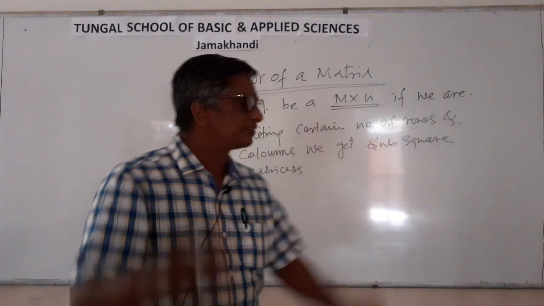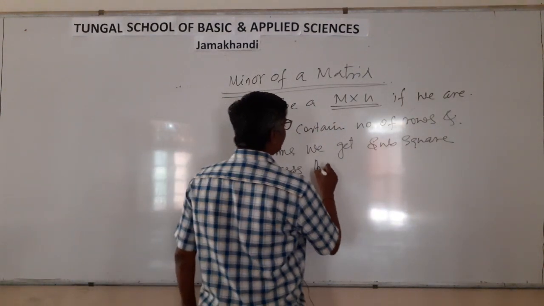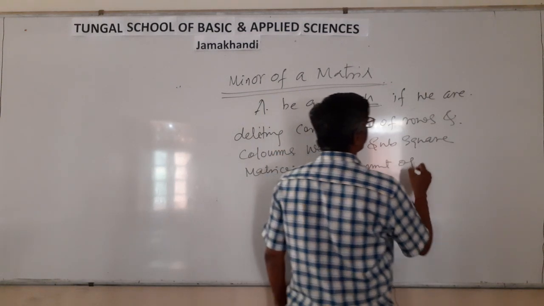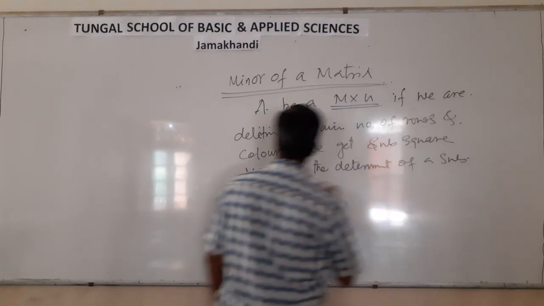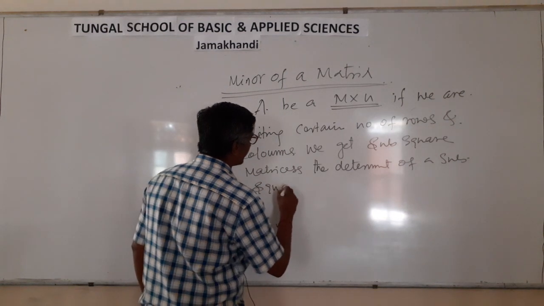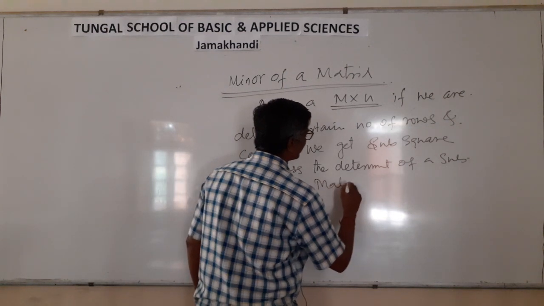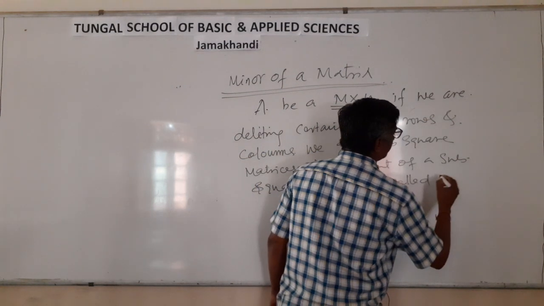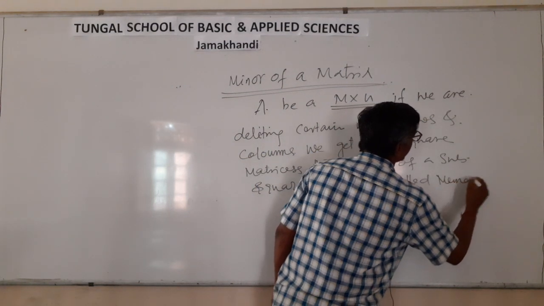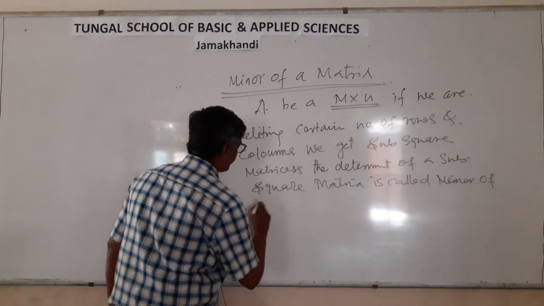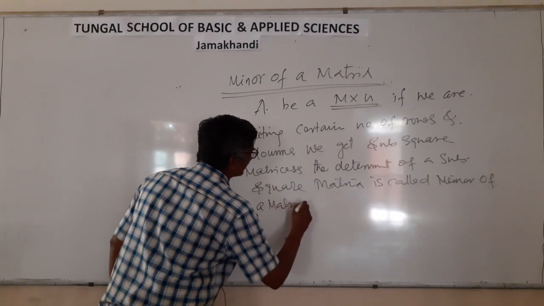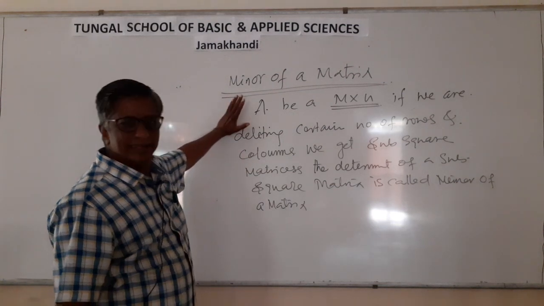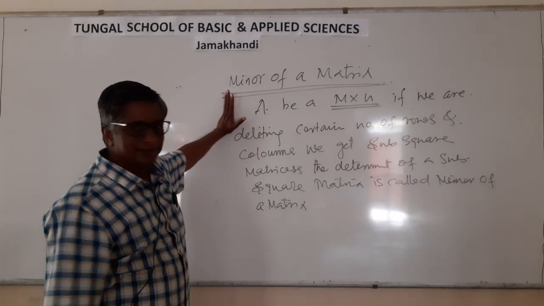Sub-square matrices. The determinant of a sub-square matrix is called a minor of the matrix. Do you understand this point? A is m into n.